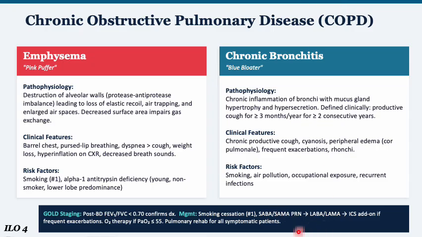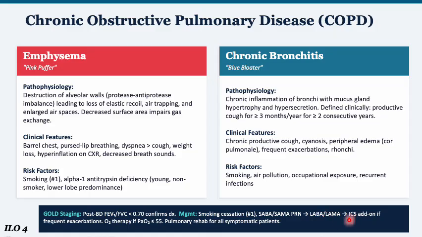Treatment can be tailored. You can start off with a short-acting beta agonist or a short-acting muscarinic antagonist, PRN, depending on how frequent their symptoms are. If that doesn't help to stabilize them, you can put them on a long-acting beta agonist and a long-acting muscarinic antagonist.